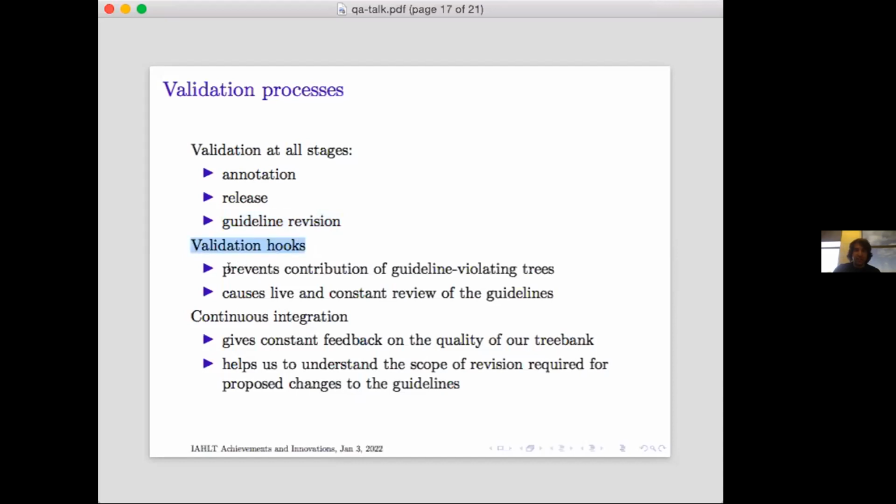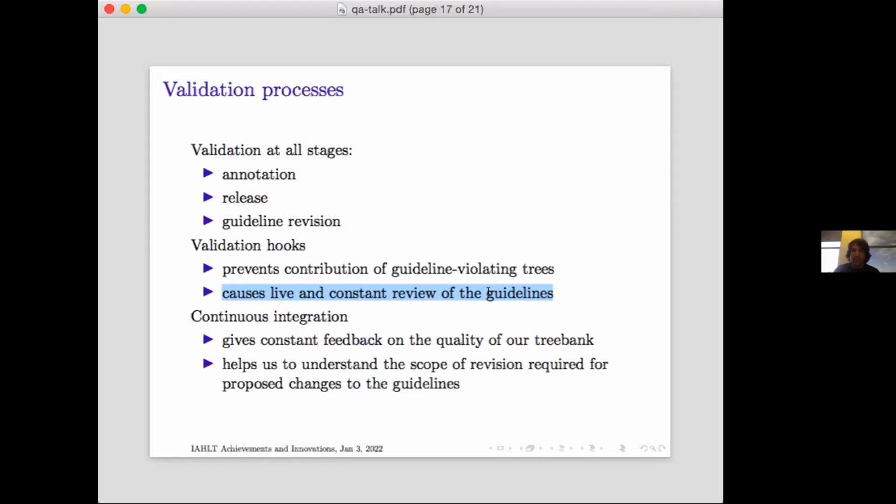These validation hooks are preventing contribution of guideline violating trees. And it sort of turns our guidelines into, which is already a living document, because we keep making changes to it, but also it enables us to have constant review of that document.